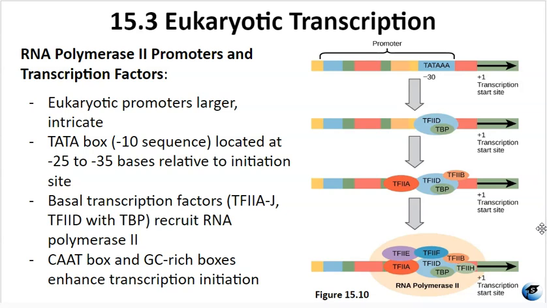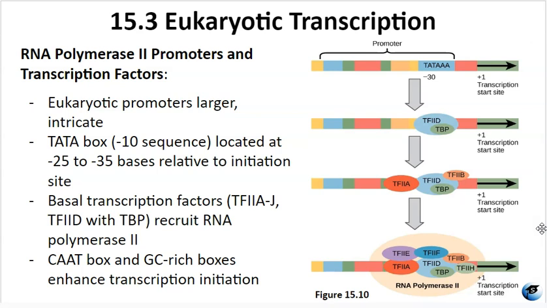Some eukaryotic promoters may also contain a conserved CAAT box or cat box, and the full sequence for that is GGCCAATCT, and that's usually around the upstream 80 mark. And then further upstream you have a GC rich box, so the GGCG or octamer boxes, ATTTGCAT.